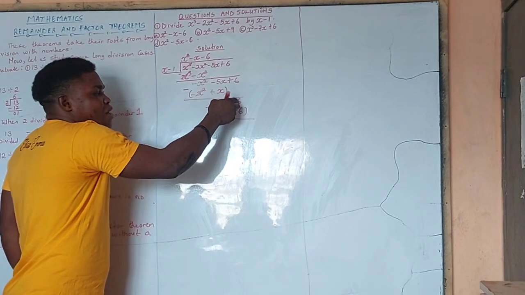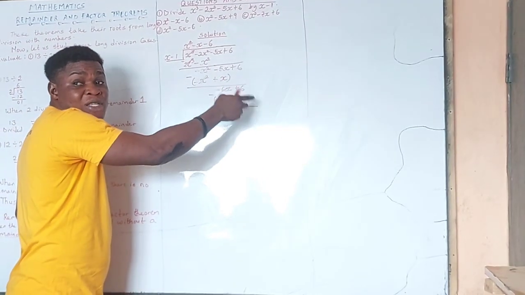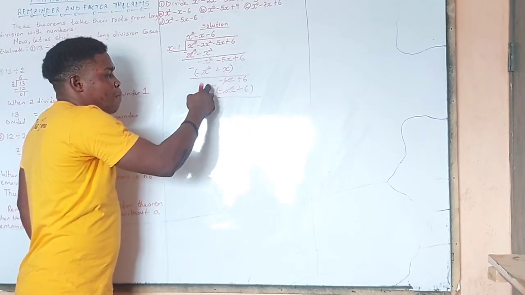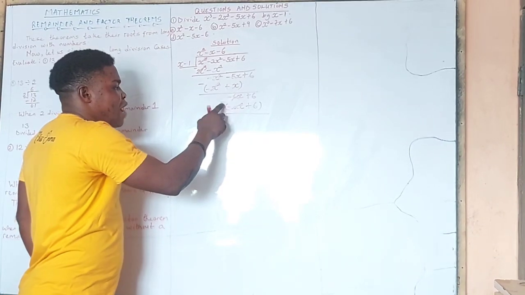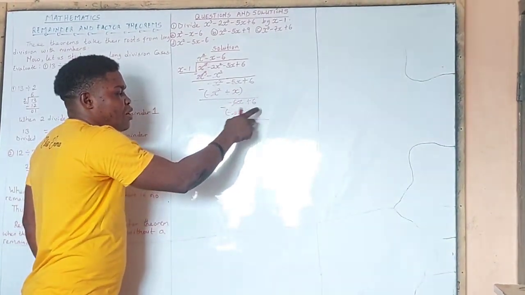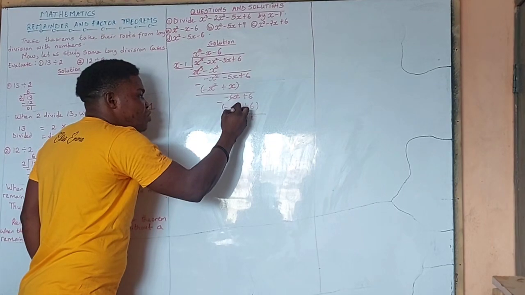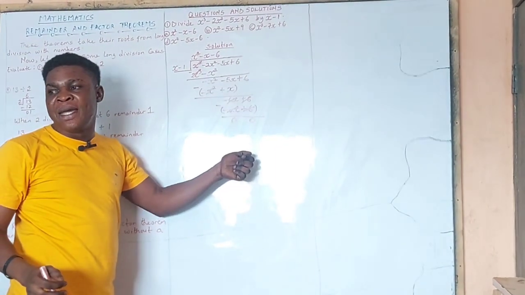Then plus 6 minus plus 6, minus times plus becomes minus. Do you understand? Then plus 6 minus 6 will also become 0. So we have 0. So no remainder.